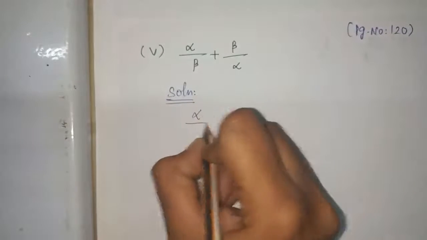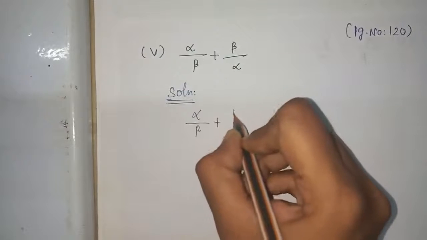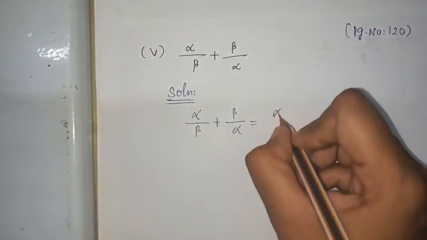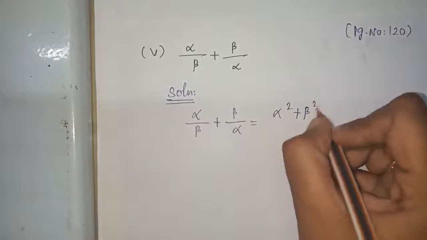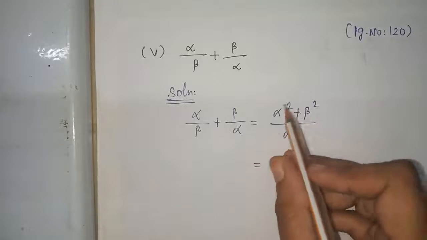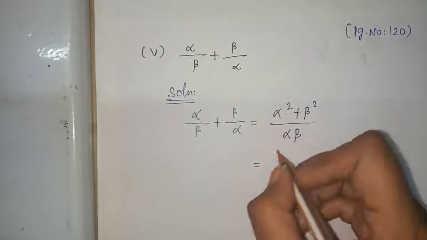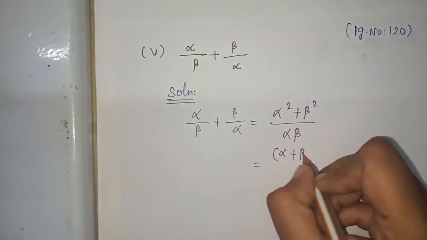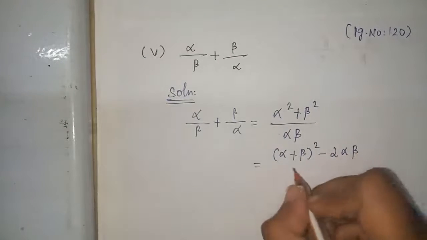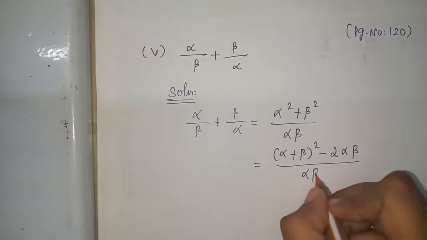So solution: alpha by beta plus beta by alpha is equal to, by cross multiplication, alpha square plus beta square divided by alpha beta. Alpha square plus beta square is nothing but (alpha plus beta) the whole square minus 2 alpha beta, divided by alpha beta.